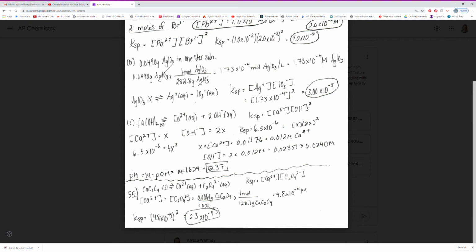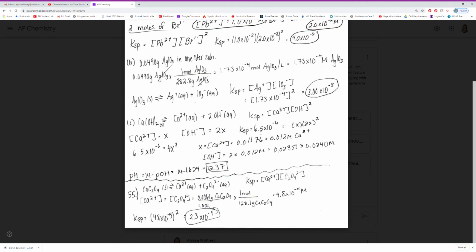Ca2+ is just x, but OH- we can see from the coefficients is 2x. It's important to plug those values, x and 2x, into my Ksp expression.